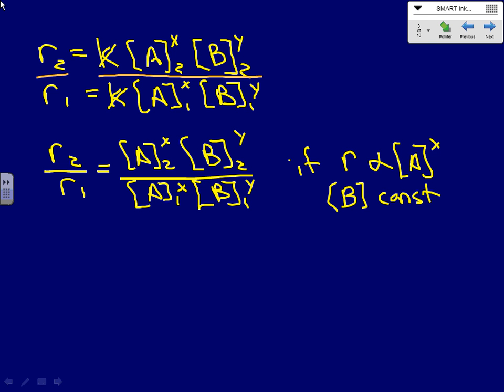Okay? I could write that out, but that doesn't do you any good. I'm not needing to see the derivation of this. When I ask you to do a problem, I don't need to see this derivation. All you got to do is use it. But I find it useful to help understand by explaining the thing. So if B is constant, then I can also say that that is gone.